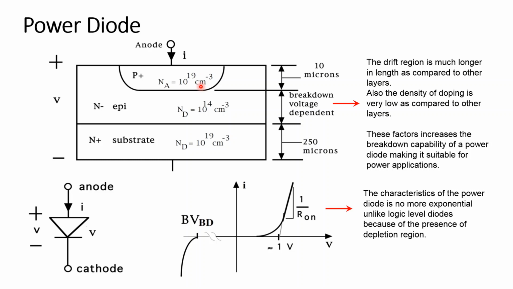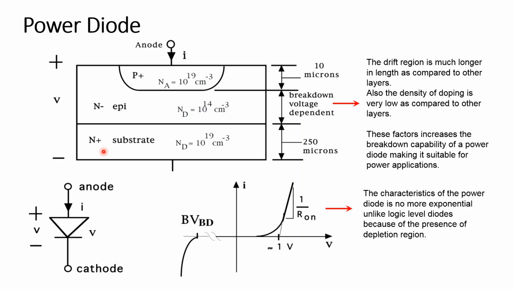As you can see, a power diode differs from the logic level diode, because in logic level diode there are only two layers, P and N, but here N type layer is further divided into two different layers. One is N plus and one is N minus. Now this region, N minus region, is also known as drift region, and this is the main difference between a power diode and the logic level diode.